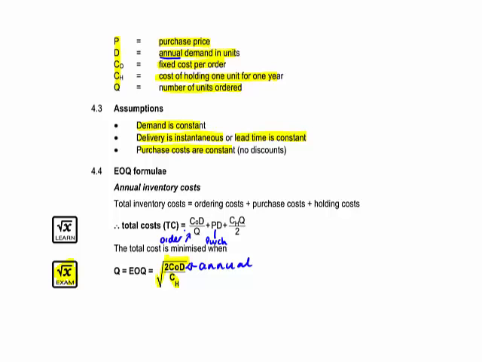So that's going to give you the number of orders per year, and the cost of holding 1 unit in stock per year times your quantity ordered divided by 2 to give you your average quantity. So our total costs are equal to our ordering cost plus our purchase cost plus our holding costs, and you need to learn the definitions for each of those.